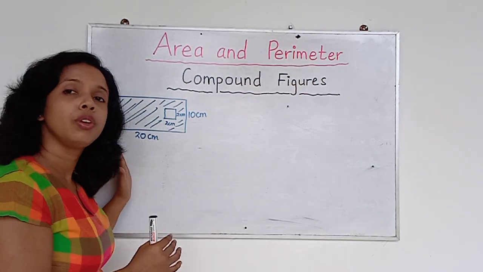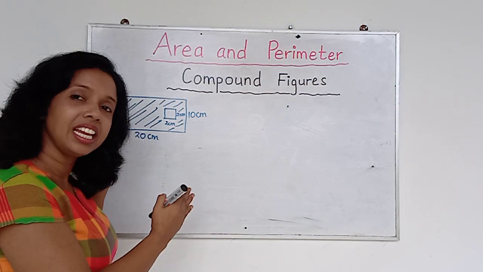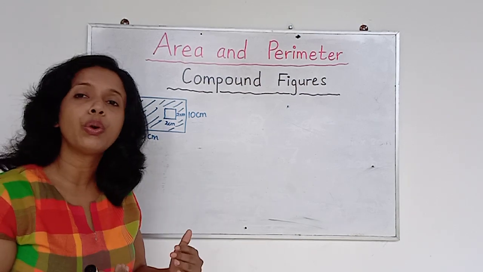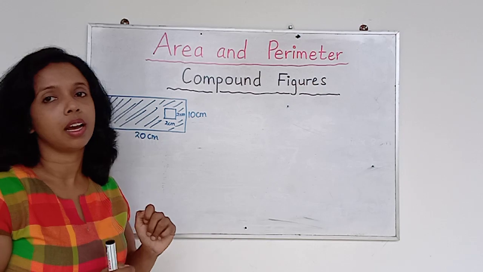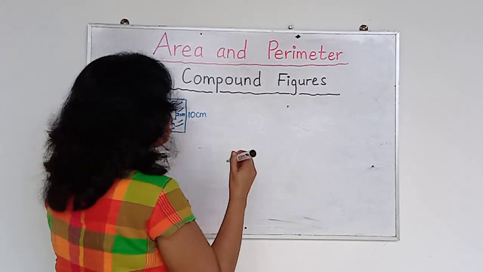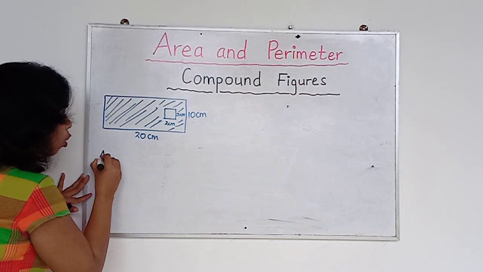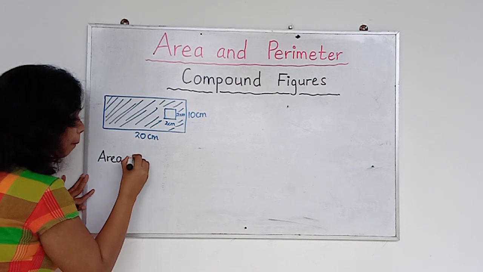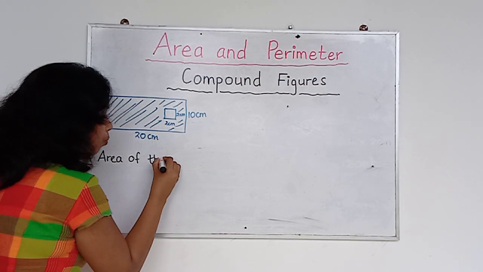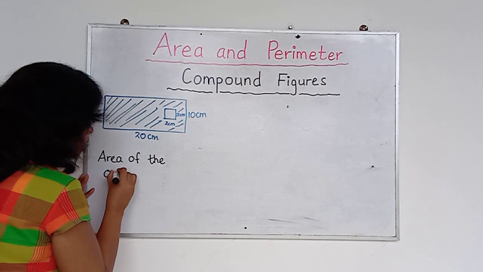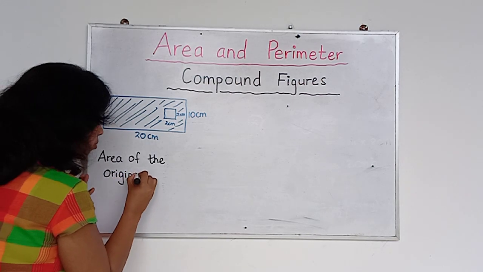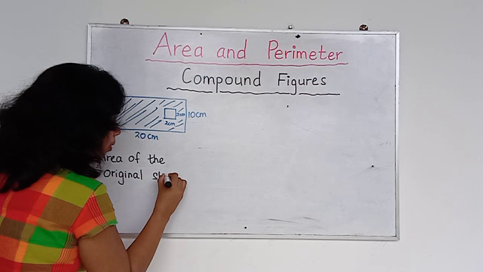First of all, we want to find the area we had before cutting this small square. So how can I write it? Area of the original shape.